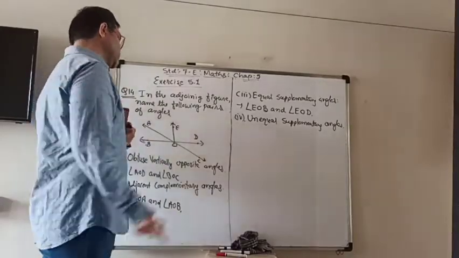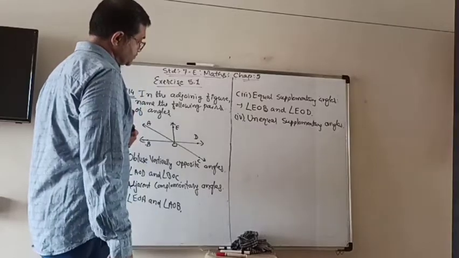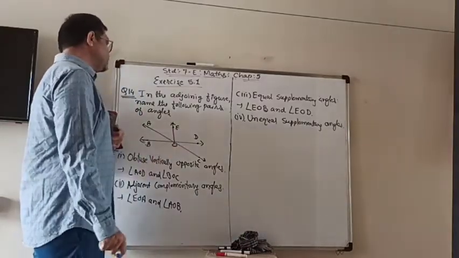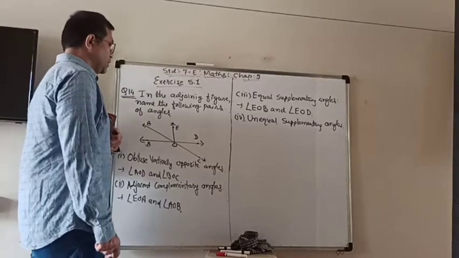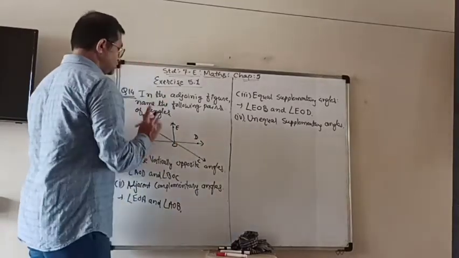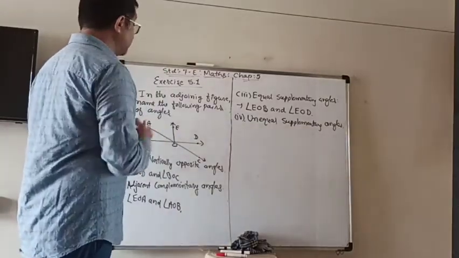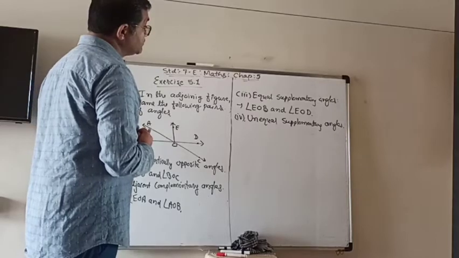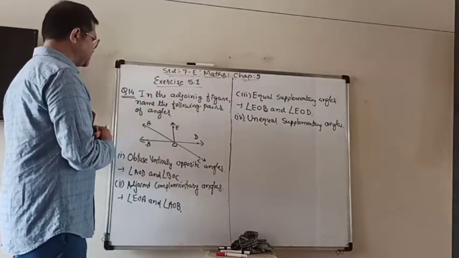But now unequal supplementary angles. To make unequal supplementary angles, we have different situations here. We may not get only one, maybe we will get two answers also. So we can write down both answers.